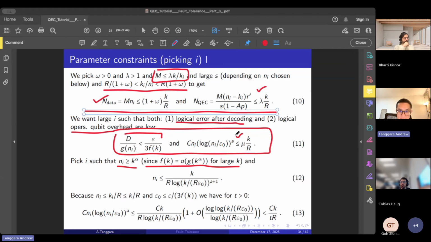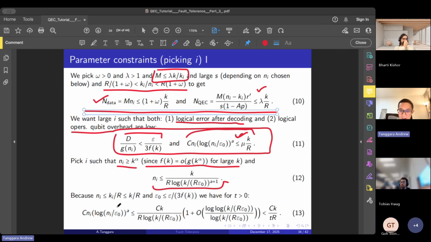Then for this second inequality for the logical gate overhead, I want to pick n_i to be smaller than this number, and that's going to just magically work if I plug this into this side of equation 11 by doing some algebra. So this is part of it.